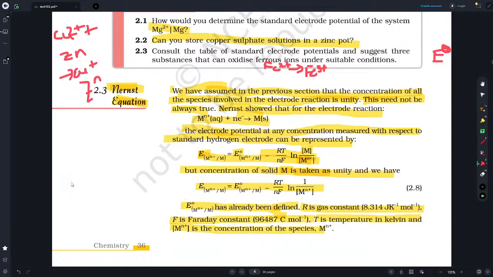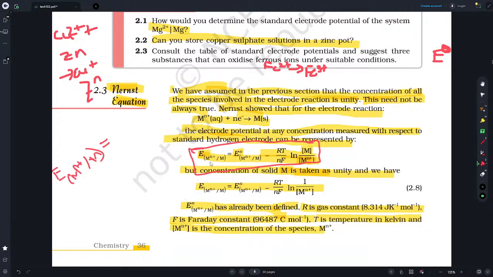this is what the Nernst equation is, where E Mn+ to M will give not the standard but the electrode potential in that situation, or the tendency of the metal in that situation to undergo reduction.